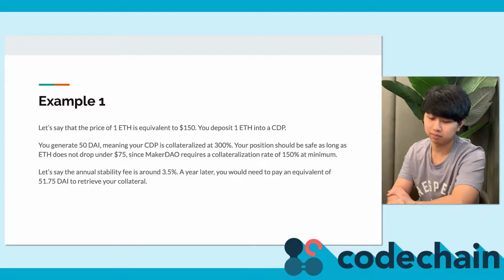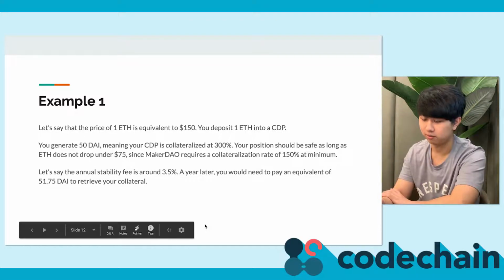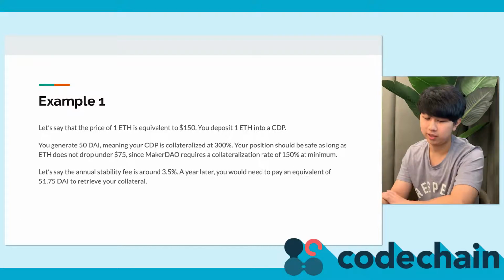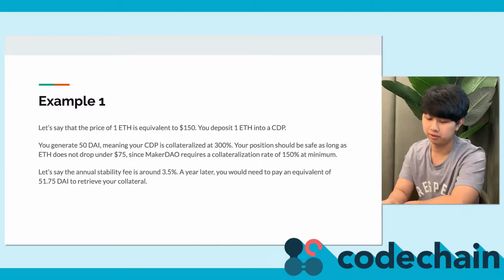And MakerDAO requires a collateralization rate of 150% at minimum. And let's say the annual stability fee is around 3.5%. So if a year has passed, you will need to pay 51.75 DAI in order to retrieve your collateral, which was 1 Ether.